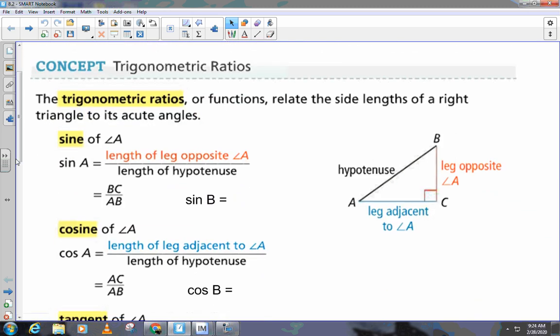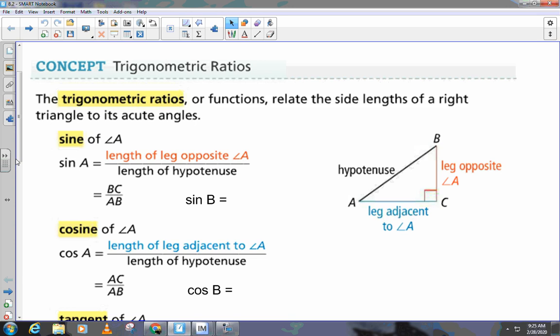Okay, so the first one we want to talk about is the sine. These work with the acute angles of the right triangle. And the sine of an angle, it looks like sin, but it's really sine because they just had to abbreviate it. The sine of an angle is the length of the leg opposite the angle over the length of the hypotenuse.